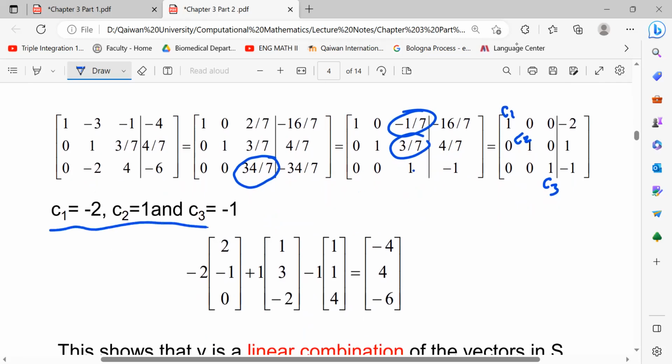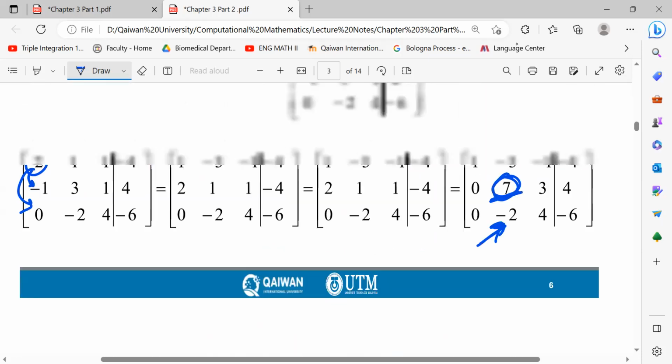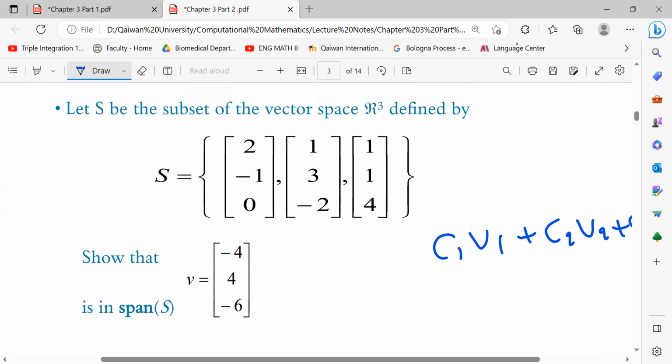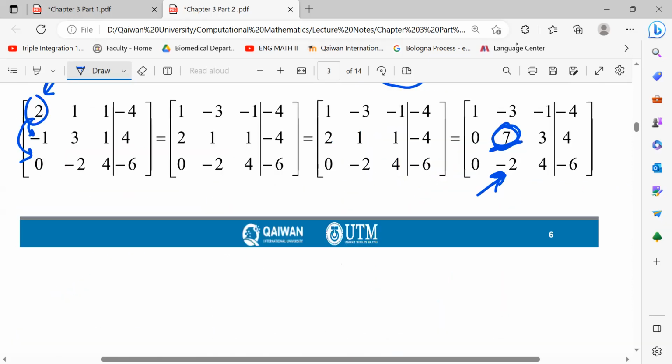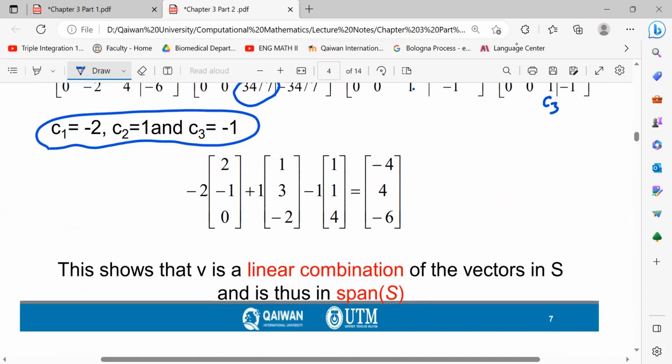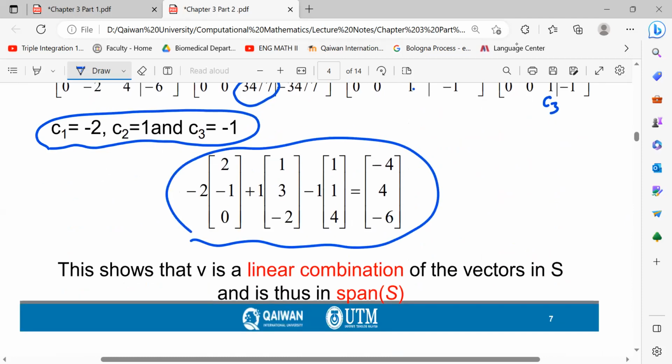Look, C1, C2, C3 are -2, 1, and -1 respectively. That means V is C1 times this plus C2 times this plus C3 times this. That's it. So you could write down V as the linear combination of vectors in S.